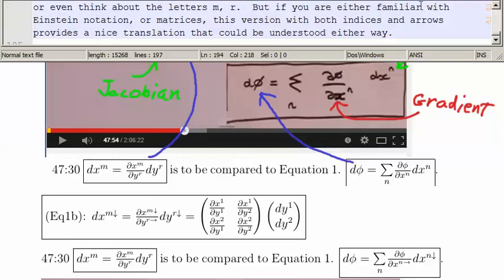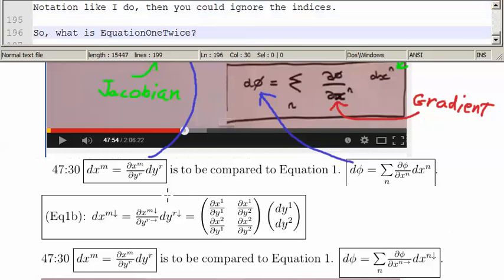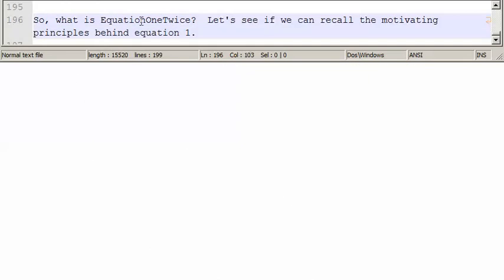But if you are either familiar with Einstein notation or matrices, this version provides a nice translation that could be understood either way. If you like Einstein notation, you could just ignore the arrows. And if you hate Einstein notation, like I do, then you could ignore the indices. So what is equation 1 twice?